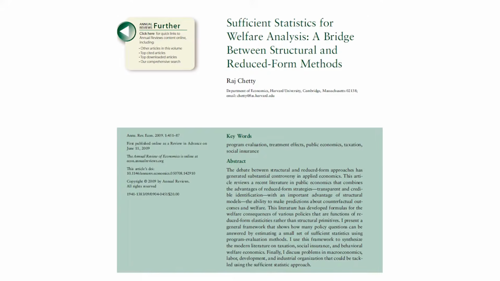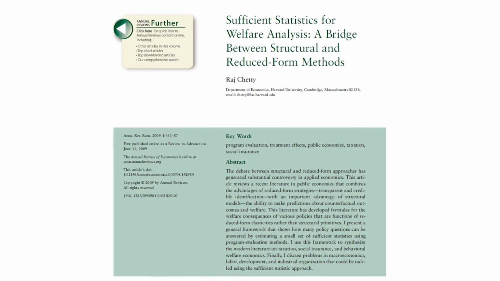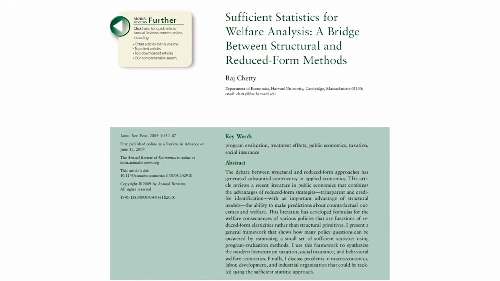So now let's talk a little bit about how we could maybe get the most bang for our structural buck. And I want to talk about sufficient statistics and structural parameters. There's an influential paper by economist Chetty who talks about essentially doing the 80-20 rule, meaning doing 20% of the effort to get 80% of the benefit of a more structural method.